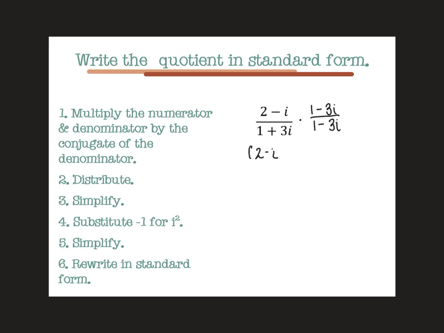I'm just going to rewrite everything in parentheses and make it into one fraction. Next, I would start to distribute. So distributing my numerator, I would get 2 minus 6i minus i plus 3i squared.